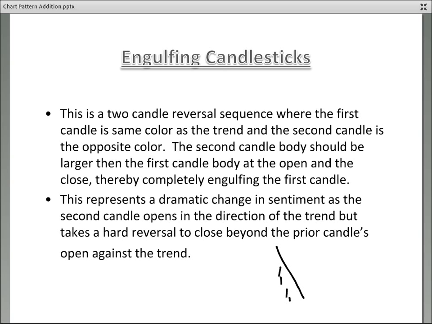I'm not going to change the colors. You get that thin candle because it's getting tired. And what happens is it opens up low, covers all the way, and is the opposite color of the red. Obviously, this would be red, and this would be green. And at that point, once it closes above, there goes your engulfing candle.